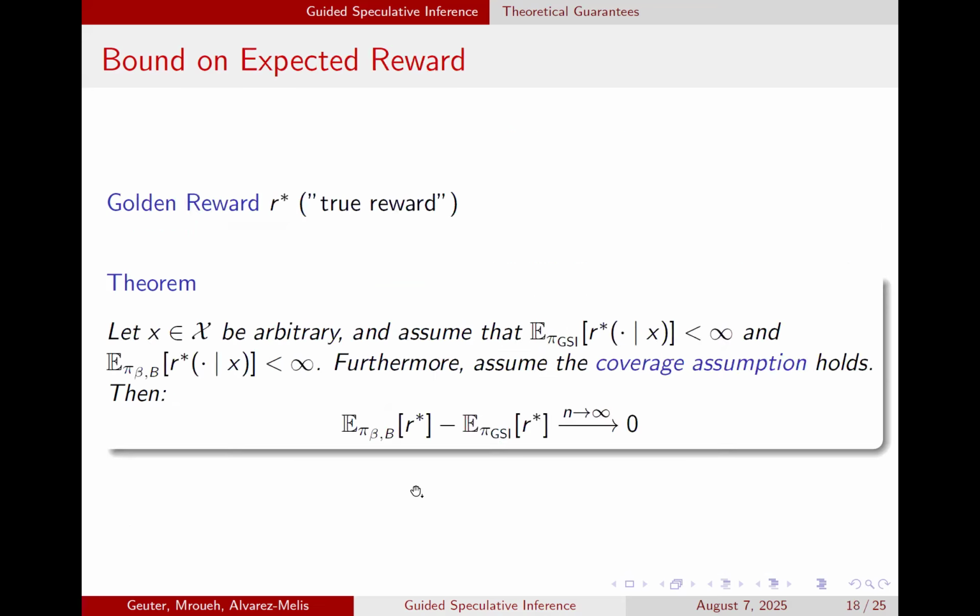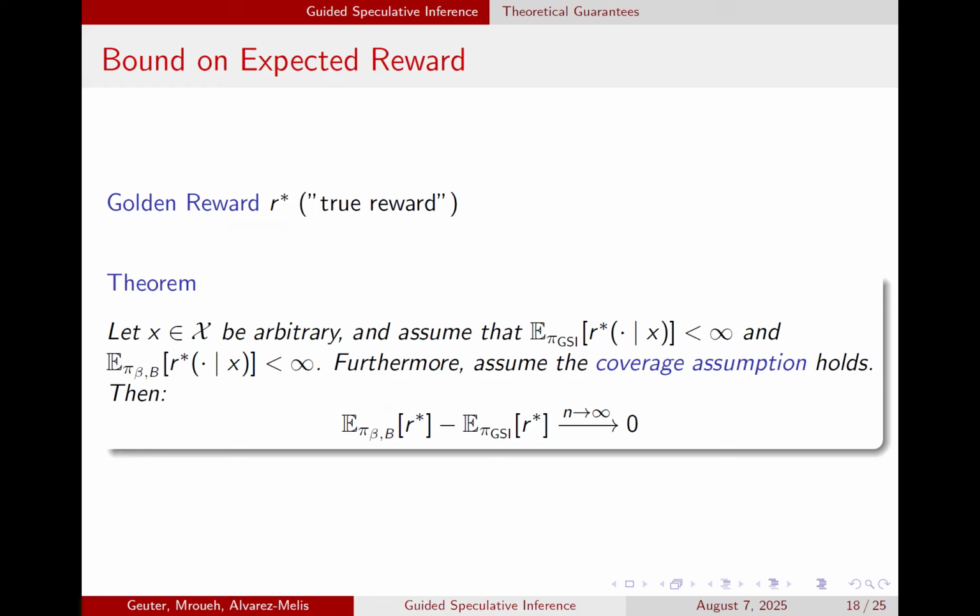Another result that we showed is the following. This is for the expected rewards that we're getting. Here this even holds for a golden reward. What people usually mean with golden reward is a ground truth reward that you don't know. So you can assume that the reward model that you're using, like the PRM, is maybe not perfect.